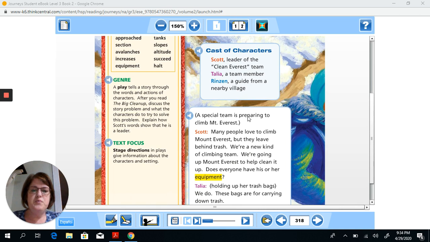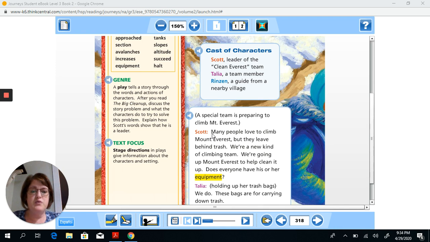And then when the play starts, Scott starts talking. What he actually says is called the dialogue. So when you're asked a question about the dialogue in a play, that basically is just what the characters are actually saying to each other. Now notice, it's written a little bit differently than it is in a story. What Scott says is not in quotation marks.